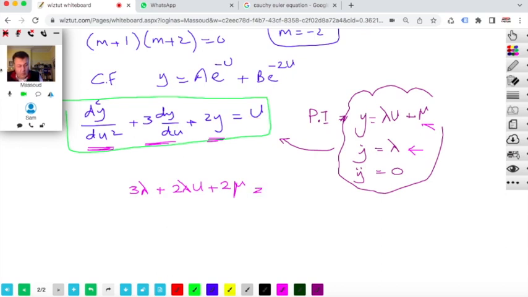So that's just 1 u. Yeah. Okay, so let's equate the parameters here. So you will have that is like term with that. So therefore 2 lambda must be equal to 1.